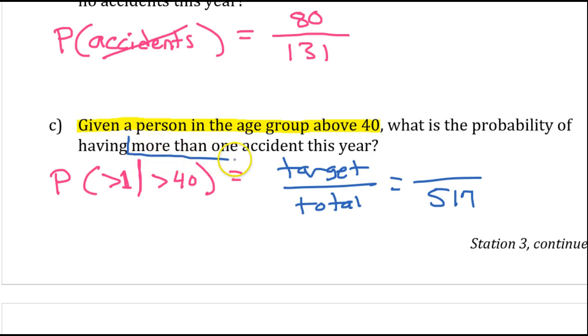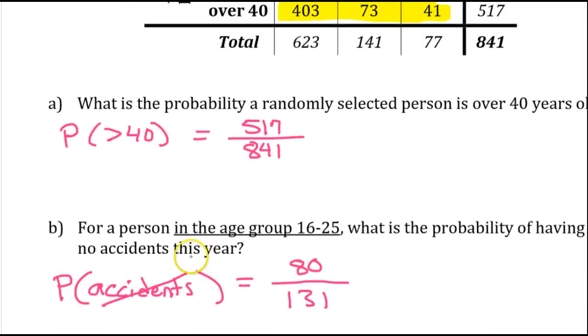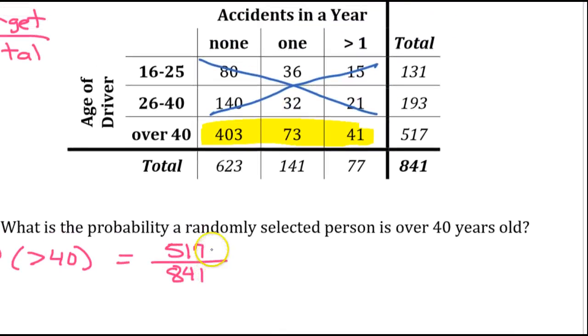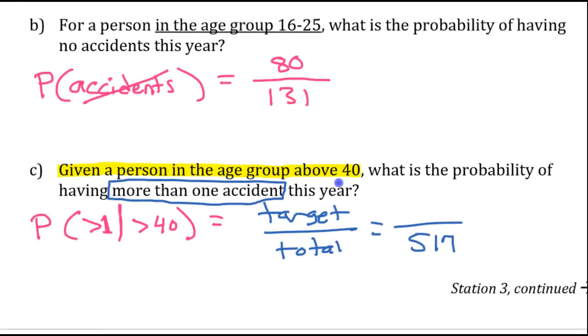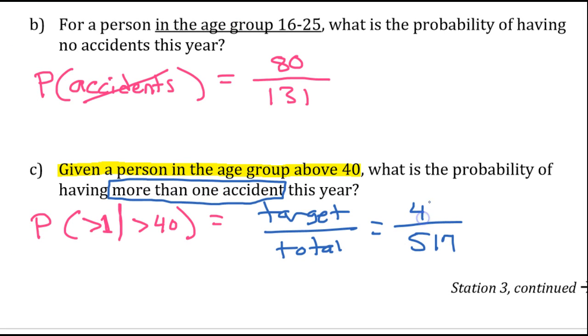This is the target, more than one accident. In this age group, these are the people who have more than one accident. You see it right here. That's 41 people, so it's going to be 41 out of 517. That's the probability.